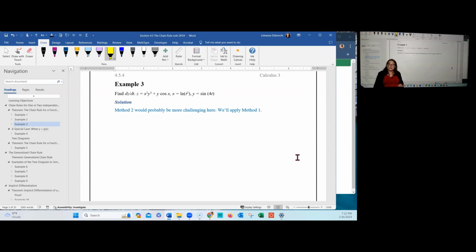In this case, chances are applying method 2 would probably be more challenging, since the representation of z would get a lot more complicated. It could, however, be done. We're going to go ahead and apply method 1 here using the chain rule.